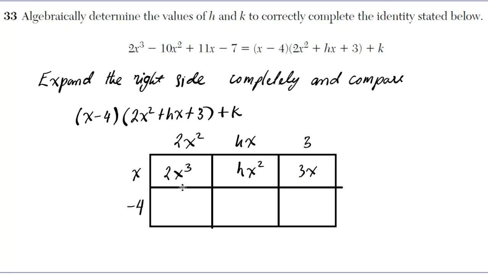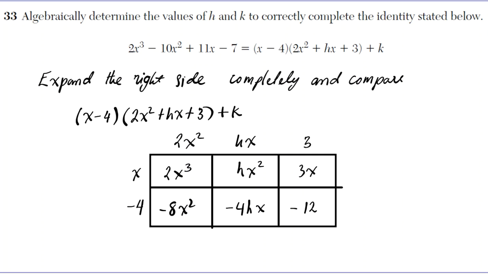All right, so we're done with that. 2x squared times negative 4 is going to be negative 8x squared. hx times negative 4 is negative 4hx. And then 3 times negative 4 is negative 12. All right, so let's go ahead and simplify.